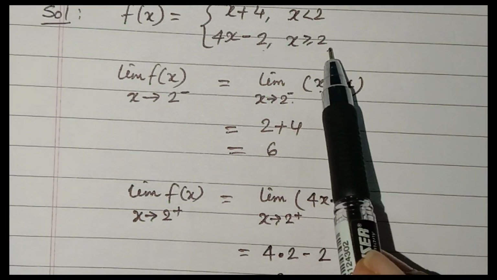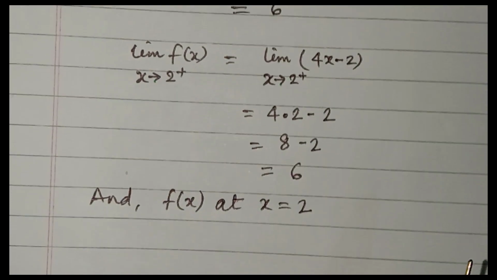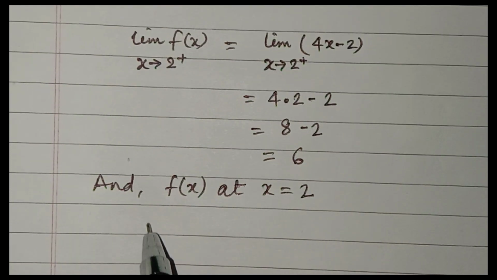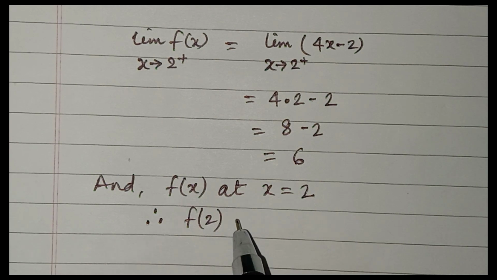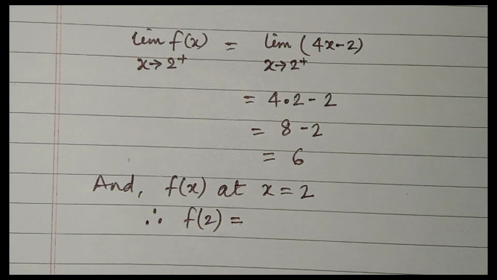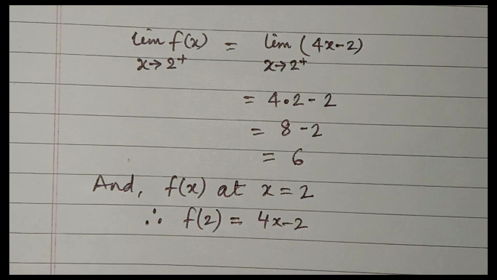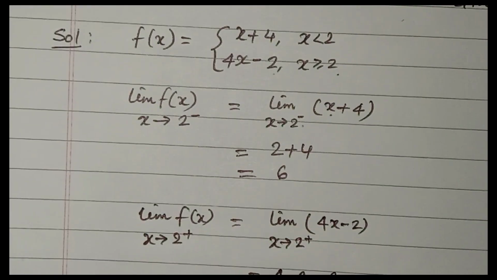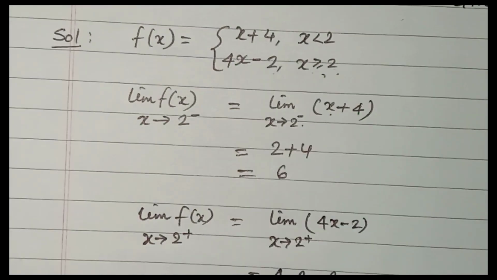When x is equal to 2, the function is defined as 4x minus 2. Therefore, f of 2 is equal to 4x minus 2, because the function is defined as 4x minus 2 when x is equal to 2 as well.